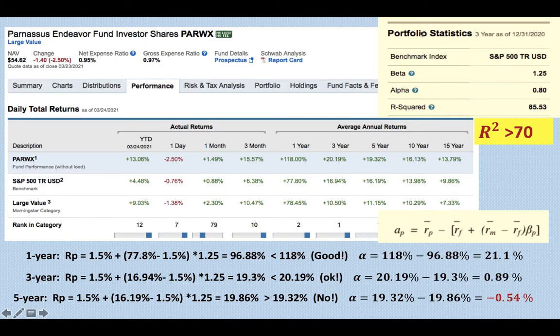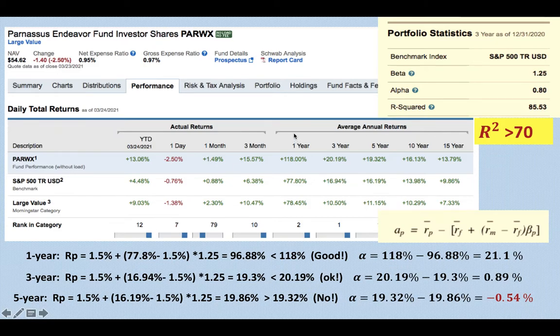Make sure of this information they give you: they say it's 3 years as of December 31st, 2020. So you can just use this to evaluate the 3 year return. However, I'm oversimplifying. I just use the beta to evaluate the 1 year, 3 year, and 5 year.